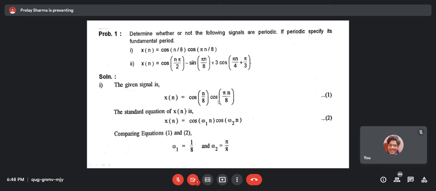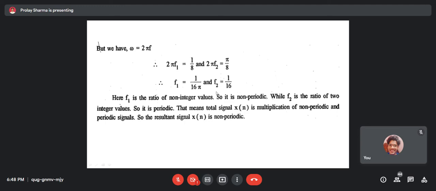For the second signal cos(πn/8), you will see that f2 = 1/16. So f2 is a ratio of two integer values, so it is periodic. And the signal is basically a multiplication of one non-periodic signal and one periodic signal.